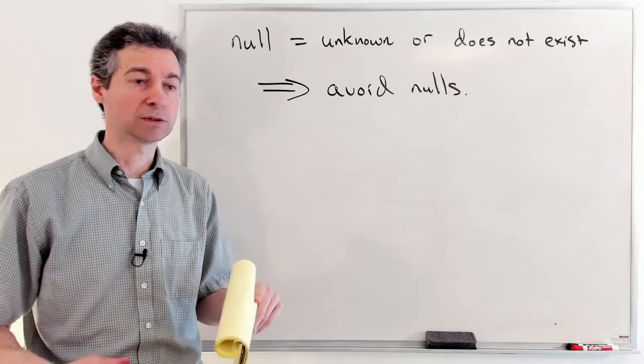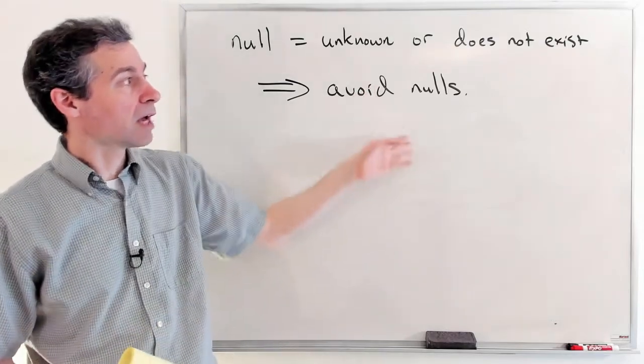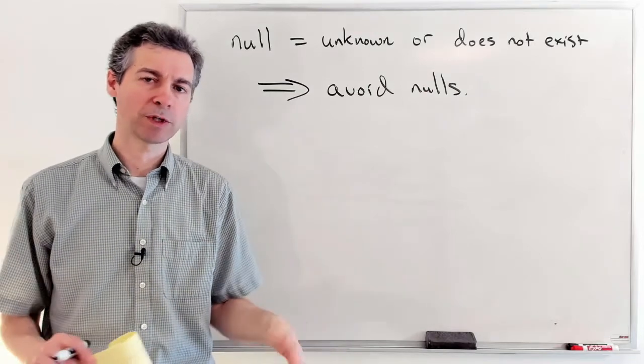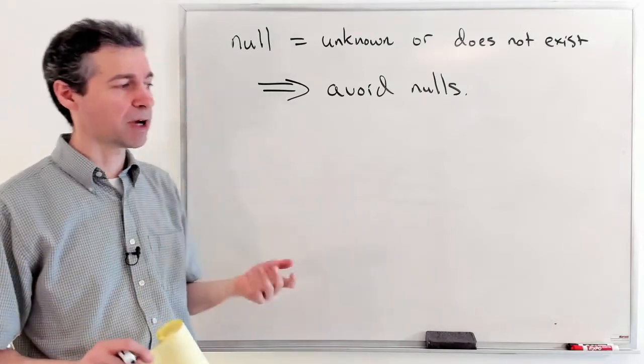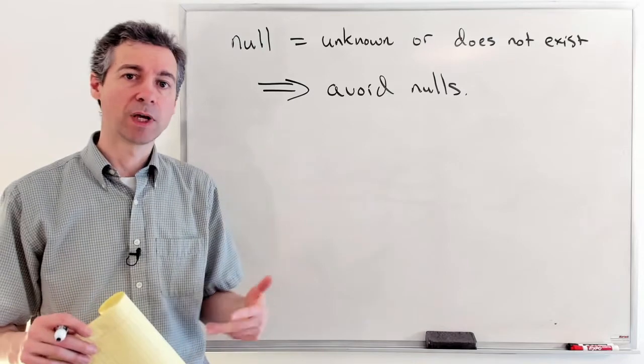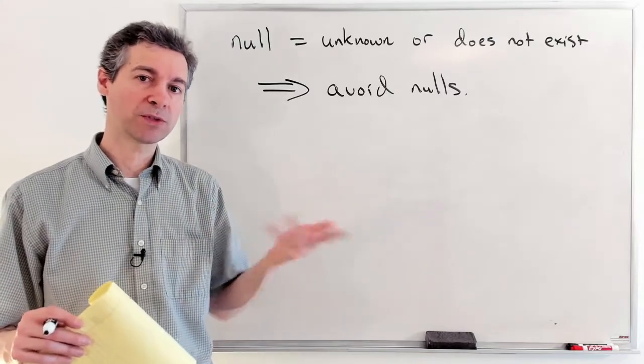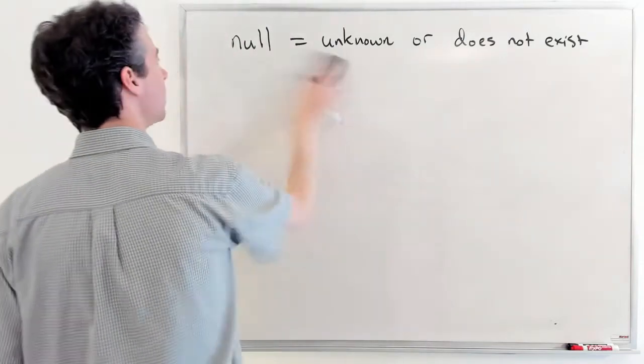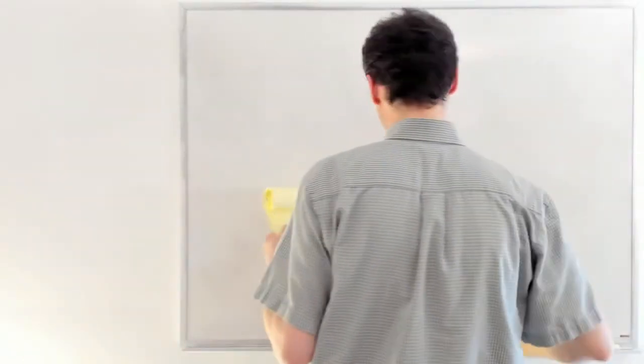So in general, don't allow nulls into your database. Don't incorporate them as part of your designs. We need to know about them, we need to be aware of them, but we often don't want to purposely be using them, okay? Certainly not at the basic level. We want to try to avoid nulls.